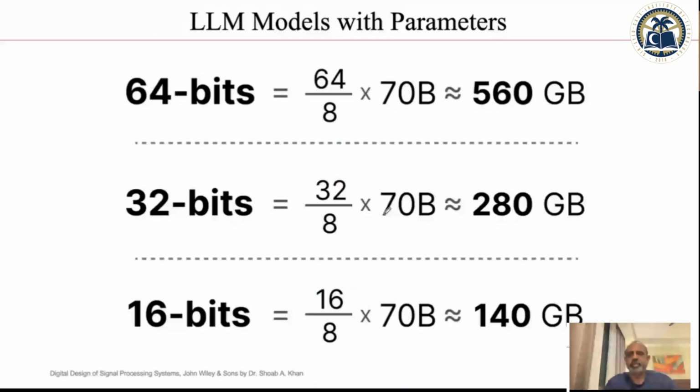Once we say it's a 70 billion parameter model, and you are using 64-bit precision, the memory required is 560 gigabytes. It is not possible that every prompt has to go through 560 gigabytes of data just to generate one word. In this case it's 200 gigabytes, or for 16-bit it is 140 gigabytes.